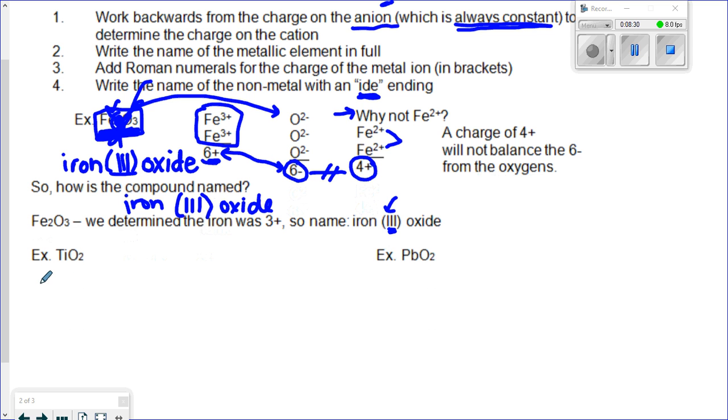So we have Ti, which is titanium, and O, which is oxygen. Titanium is atomic number 22. Looking at that, you see titanium can be 4 positive or 3 positive. So we need to use our chemical formula to figure out which it would be. We have a Ti, an O, and another O. Oxygen, our anion, always forms a 2 minus.